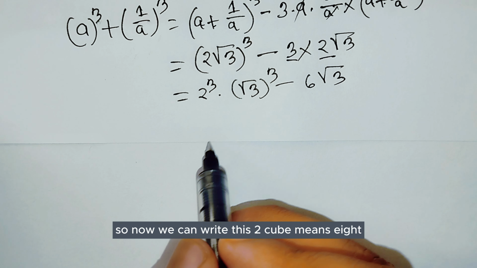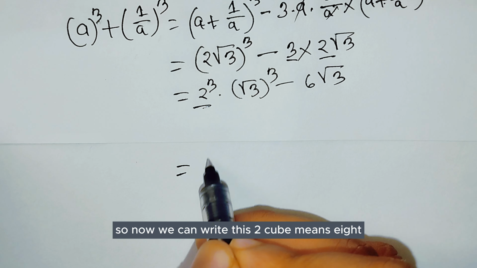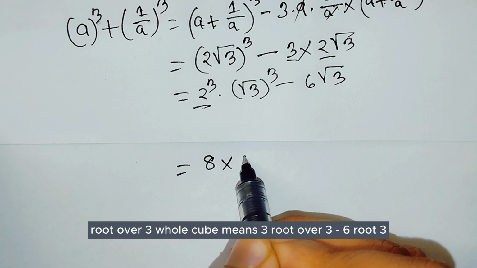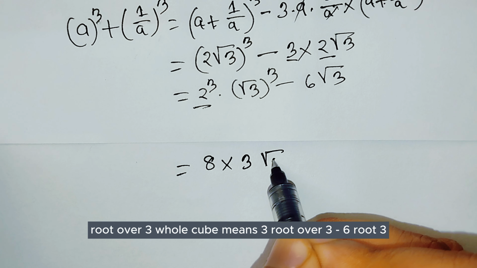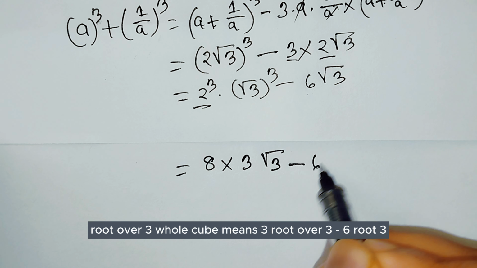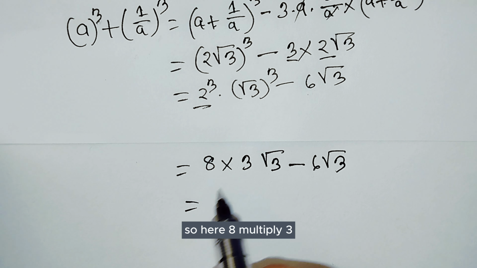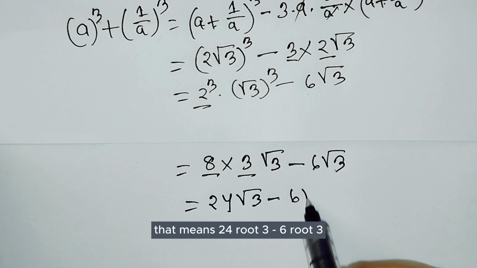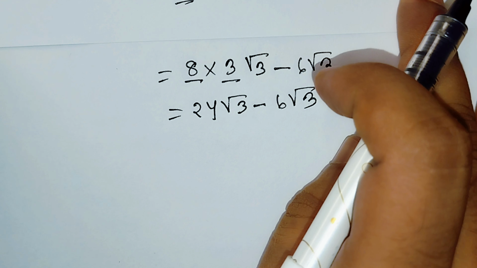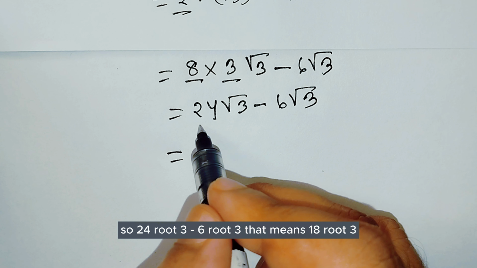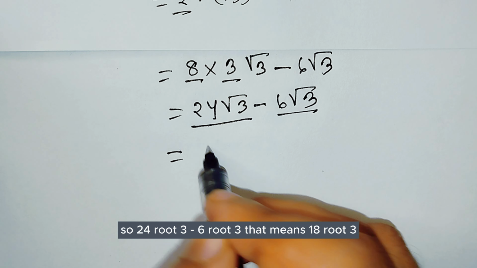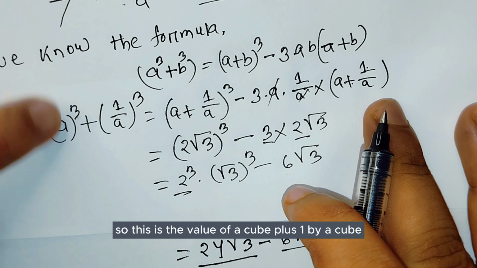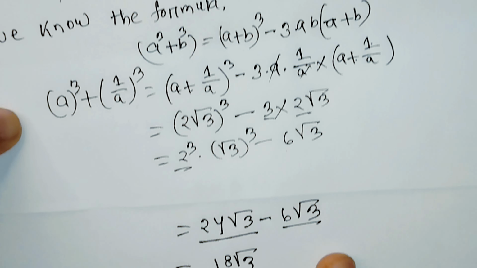Now 2 cube means 8, and root 3 whole cube means 3 root 3, so 8 multiplied by 3 root 3 means 24 root 3, minus 6 root 3. That means 18 root 3. So this is the value of a cube plus 1 by a cube.